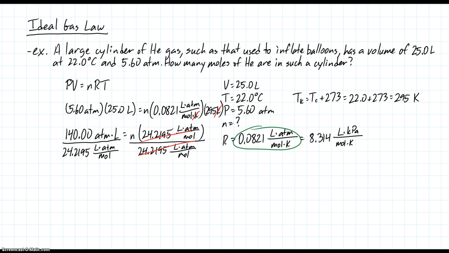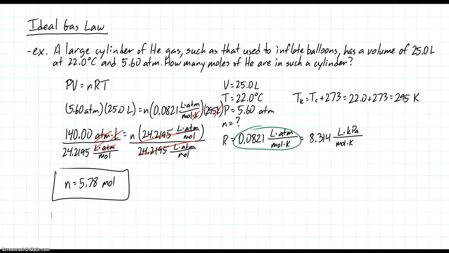On the left-hand side, if we look at the units, we have atmospheres over atmospheres cancels, liters over liters cancels, and so our units are then 1 divided by 1 over moles, which is just moles, which is what we were looking for. And so then we do that division in our calculators. And again, referring back to the numbers that we started with, we want 3 significant figures in our final answer. And so then n would be 5.78 moles.